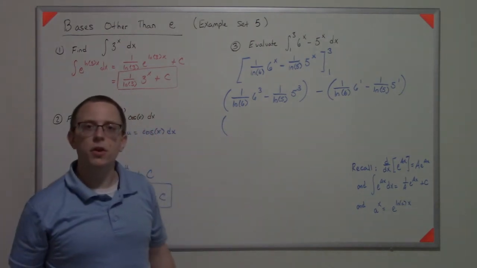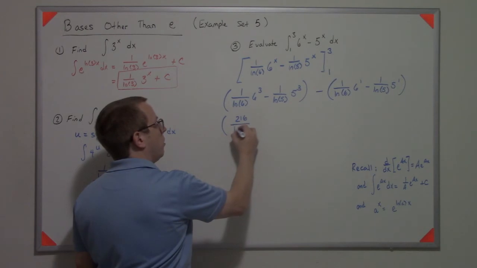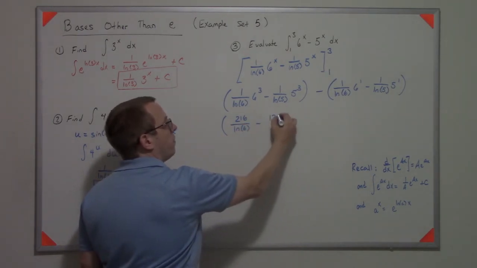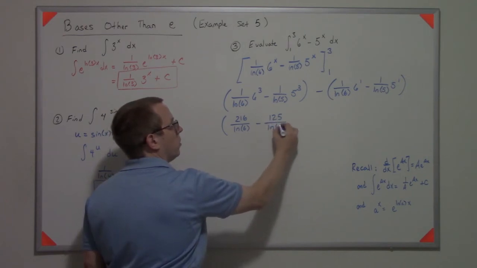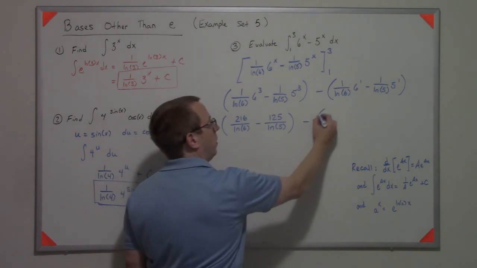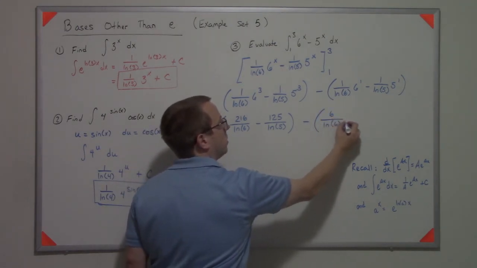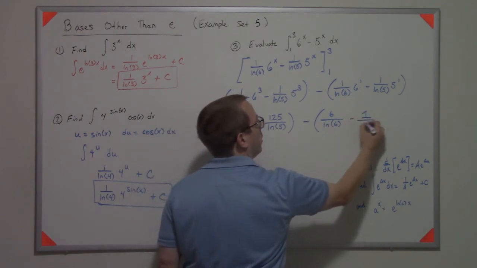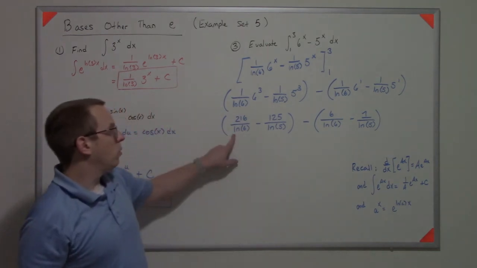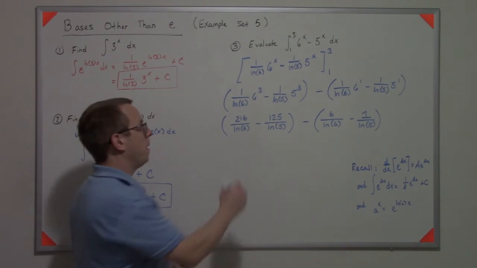Now 6 to the third power is 216. So we have 216 over natural log of 6 minus 125 over natural log of 5, and then we have minus 6 over natural log of 6 minus 5 over natural log of 5. We notice that these have the same denominators, so we can combine them.